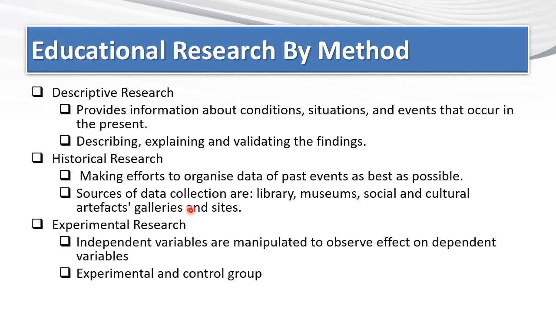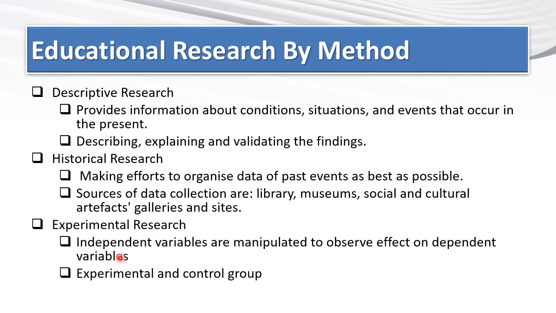The next type of educational research by method is experimental research. In experimental research, the independent variables are manipulated to observe the effect on the dependent variable. So, what does that really entail?